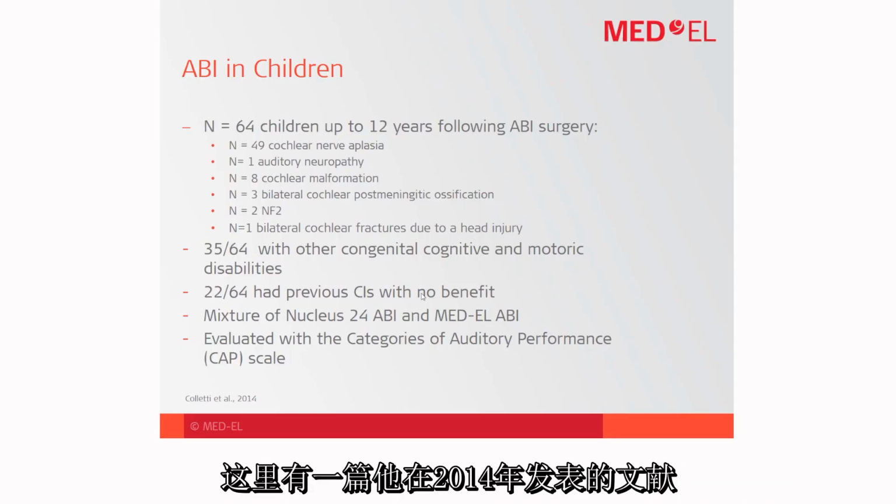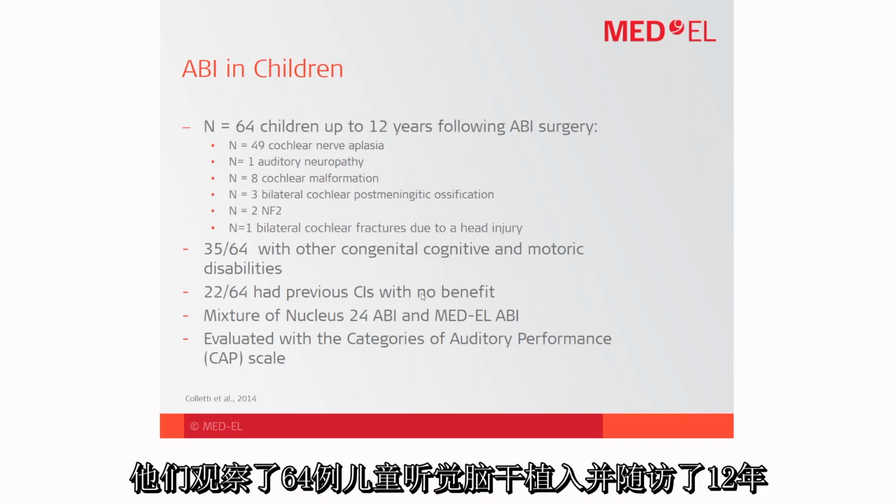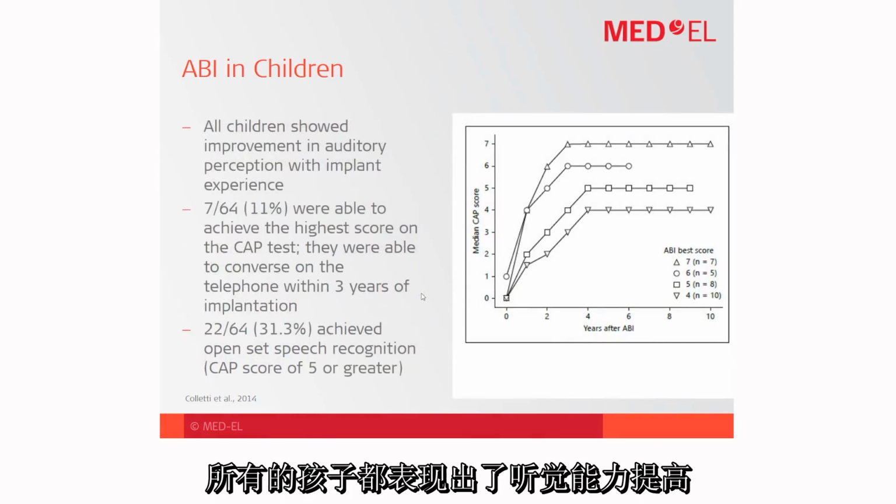Professor Colletti in Italy has done a lot of ABI implants in children, and in a study published by Colletti in 2014 where they looked at 64 children who were implanted with an ABI and followed them for 12 years, all of the children in that study showed improvement in auditory perception with the implant.